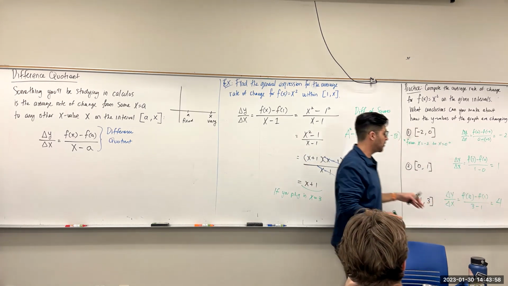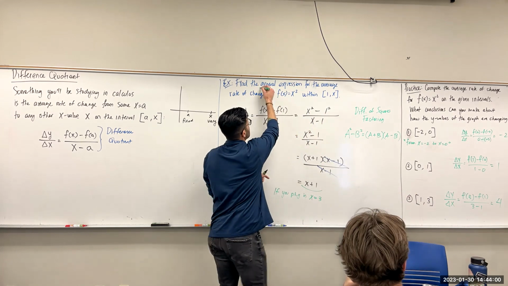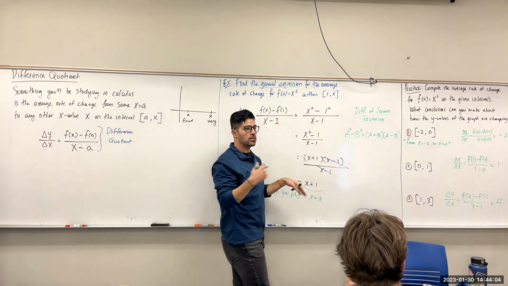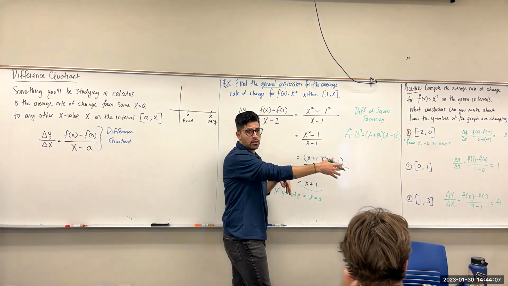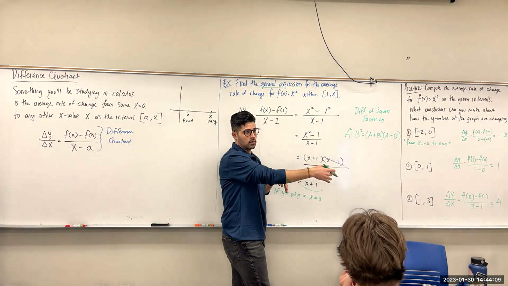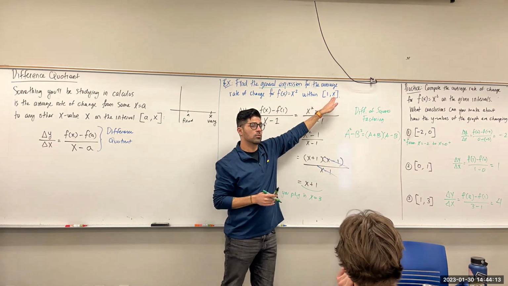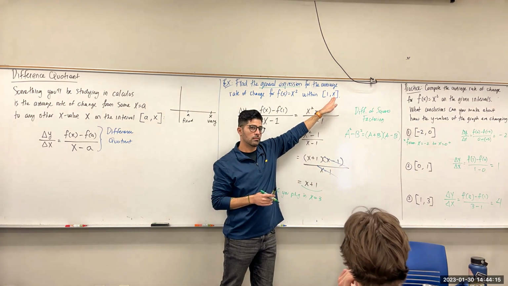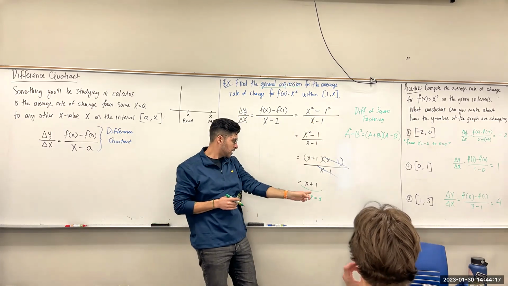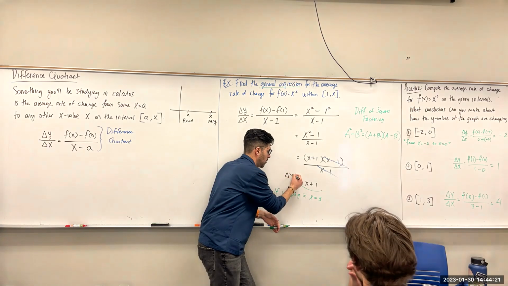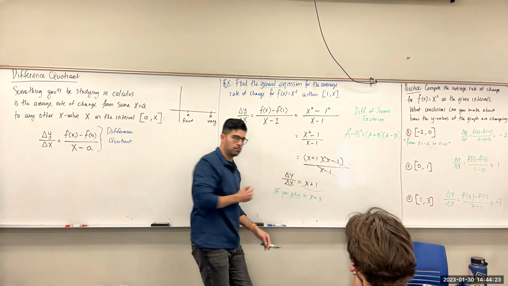Okay, but the reason it says general is because now I can find the average rate of change from 1 to any x value, as long as it's greater than 1. So what's the average rate of change from 1 to 2? You plug in 2 here, because that is always going to give you the average rate of change.